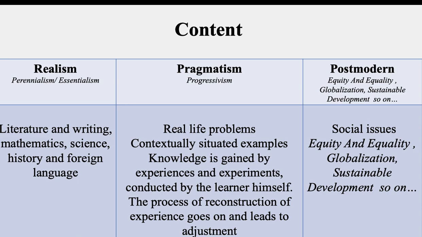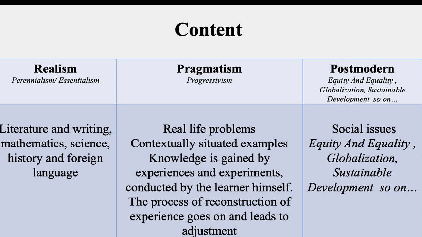What does it mean by that? Whatever problem the teacher takes in the classroom, it should be socially, culturally and contextually relevant to that area. Okay, now come to the postmodern. The kind of content they have must include social issues where they address issues of equity and equality, and definitely globalization, global citizenship, sustainable development, human rights, feminism, child rights, gender, and lots of other things.